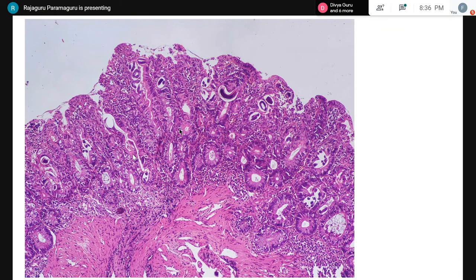So this is another. We are dealing with everything about infections of the GIT. I'm giving a hint: I think you'll know that this is a small bowel biopsy.